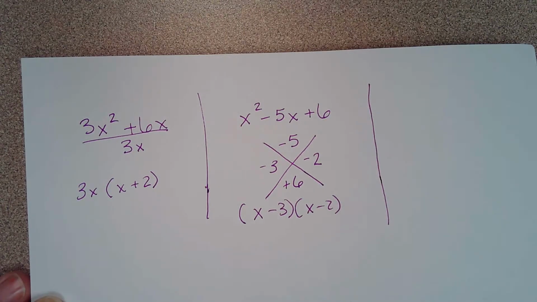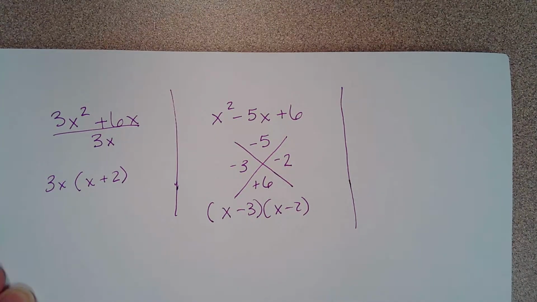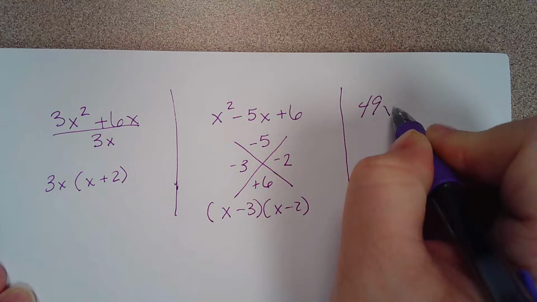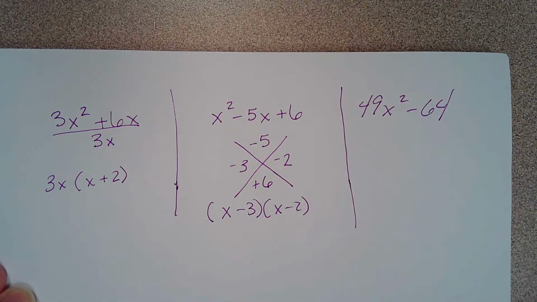Now, our journey continues. We went into the difference of squares and perfect squares. So a difference of squares looks like this, 49x squared minus 64. And we said, okay, we handle this differently. This is not an x factor, but what we do is the square roots.